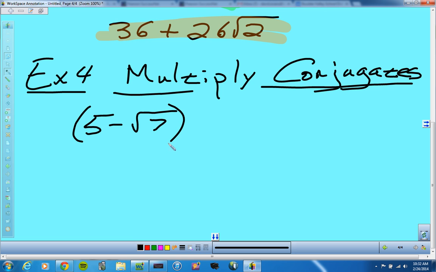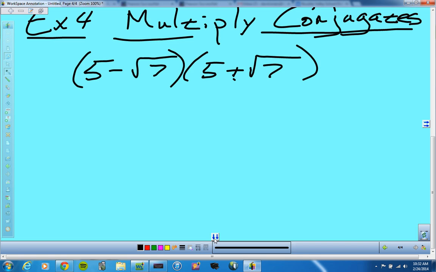When we write the conjugate of this thing, all we have to do is switch the sign in the middle. Everything else stays the same. So the sign was a minus sign, now it's a plus sign. And then we'll do the box thing again to multiply. So 5 times 5.